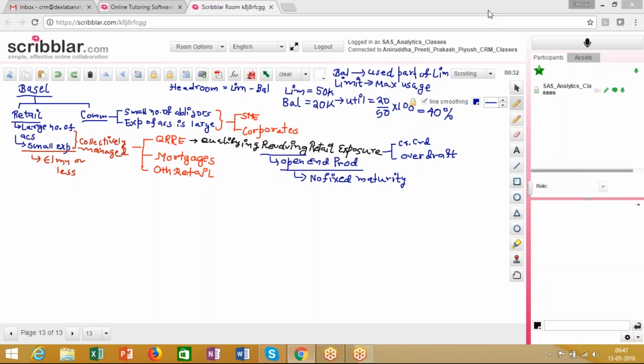Okay, so next, there are a few other important features associated with revolving products as well. Like we saw, one of the important variables was utilization to assess the riskiness associated with a credit card. With a revolving product, there are a few important things we also need to look into.